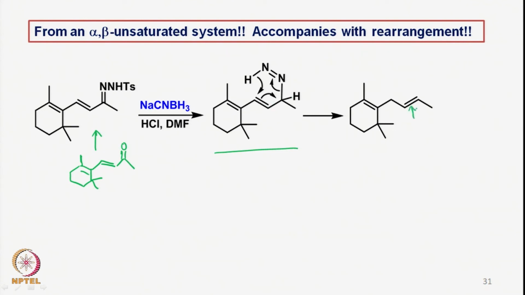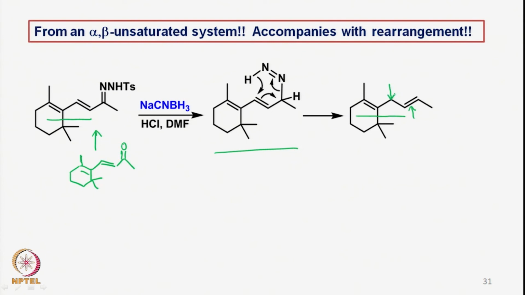This was a conjugated system, and now what we have found is that under these conditions it undergoes deconjugation, and the hydrogen is coming here.